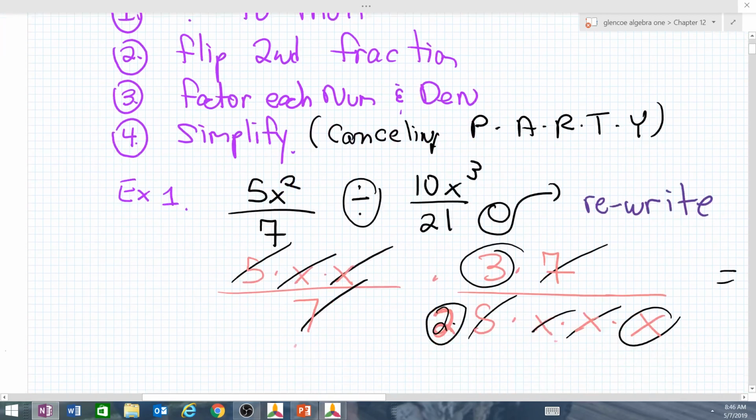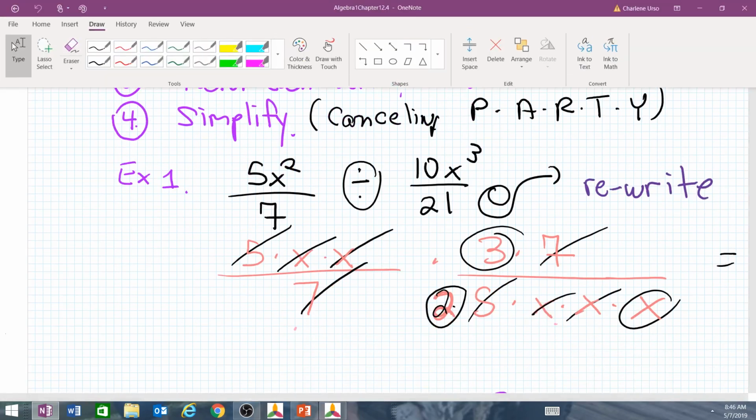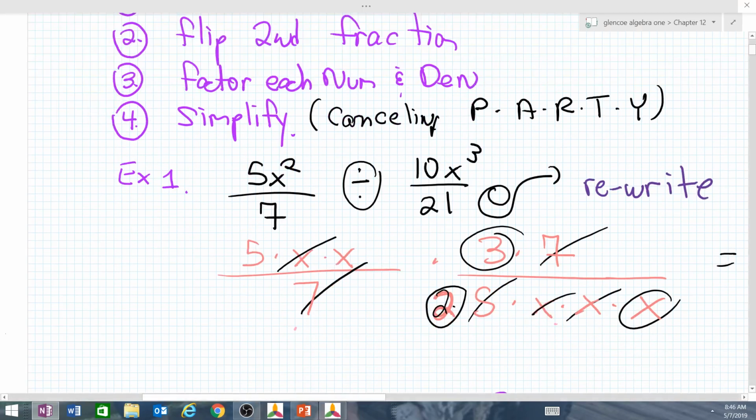Okay, I'll let you write that down while I erase some of these things. You guys can see that, right? I froze it? Yes, good job.